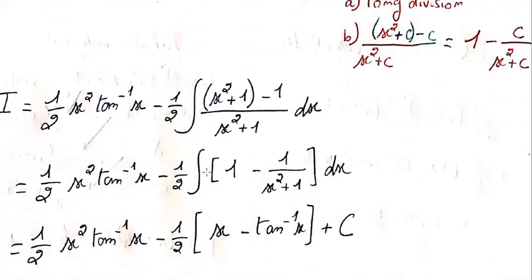So we integrate now. Integral of 1 is x, and integral of 1 over x squared plus 1 is tangent inverse x. And finally, we get that I would be half x squared tangent inverse x minus half times x minus tangent inverse x plus a constant c.